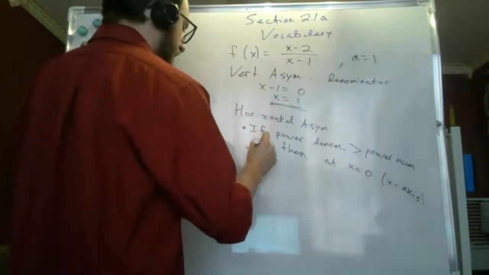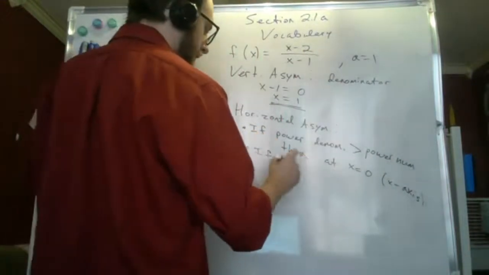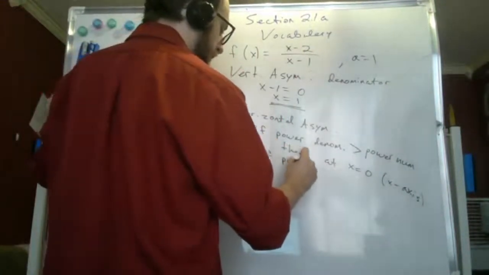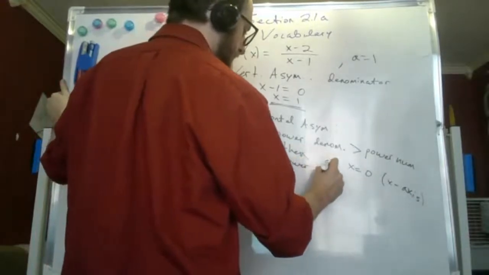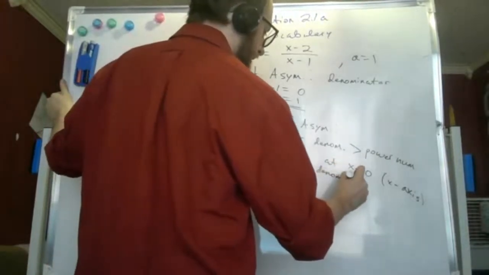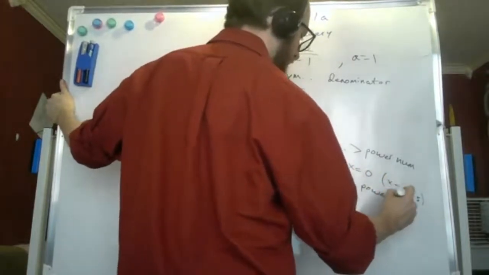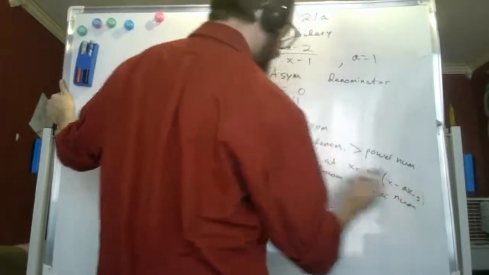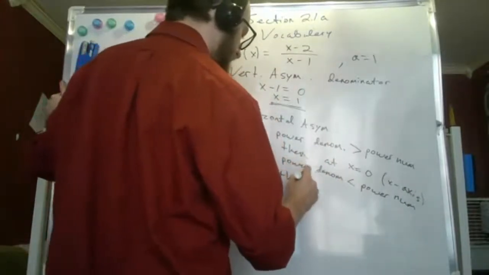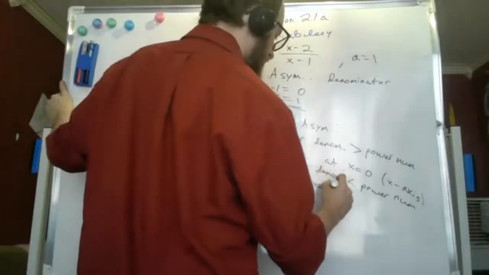Now, if we flip it and the power of the denominator is less than the power of the numerator, then there's no horizontal asymptote.